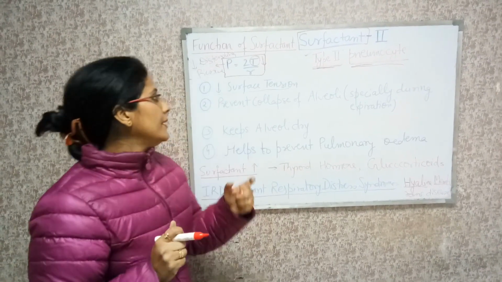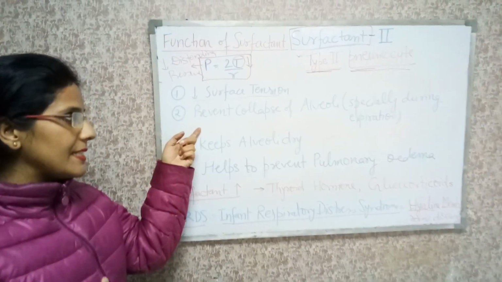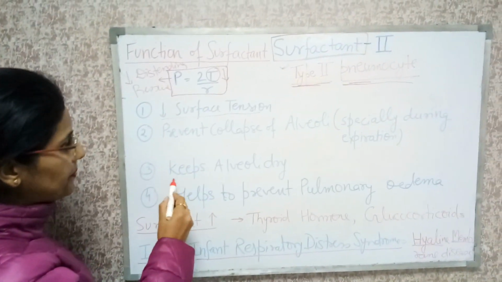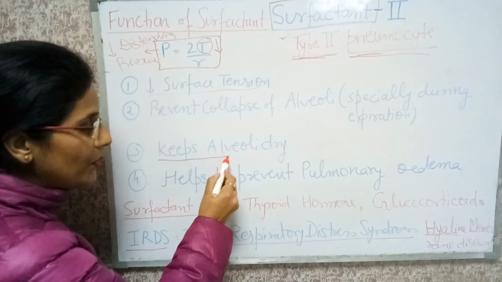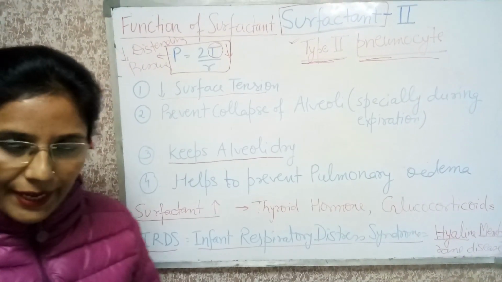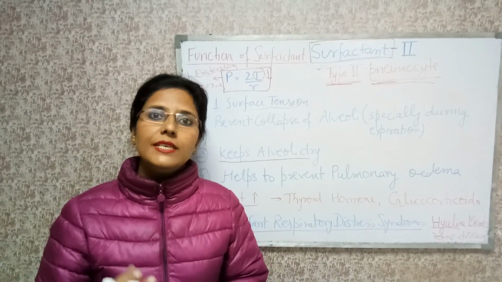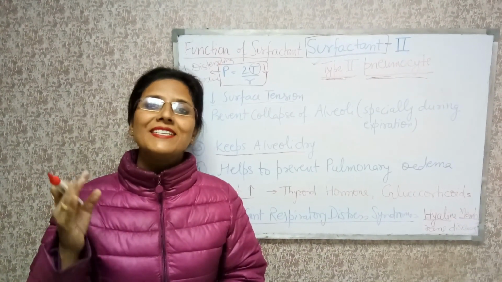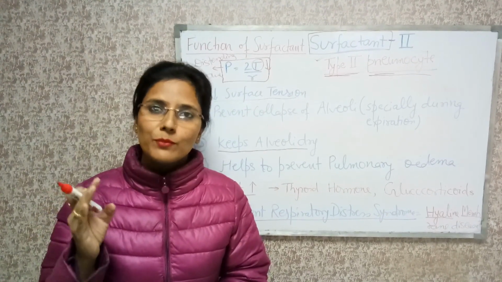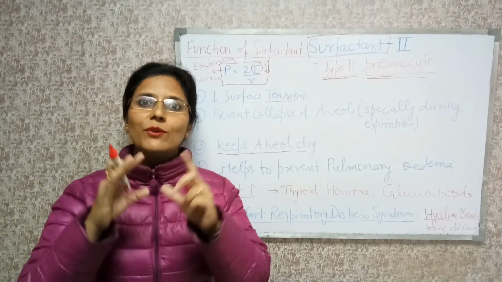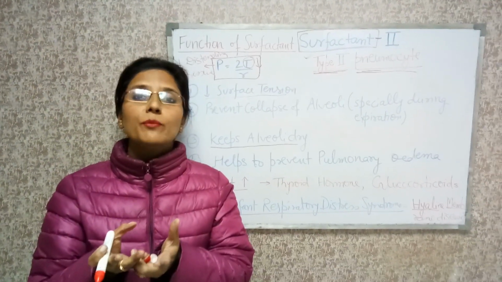Another function of surfactant is that it keeps the alveoli dry. Whenever there is a chance of pulmonary edema, or whenever there is more hydrostatic pressure, there are more chances that the alveoli cannot remain dry.